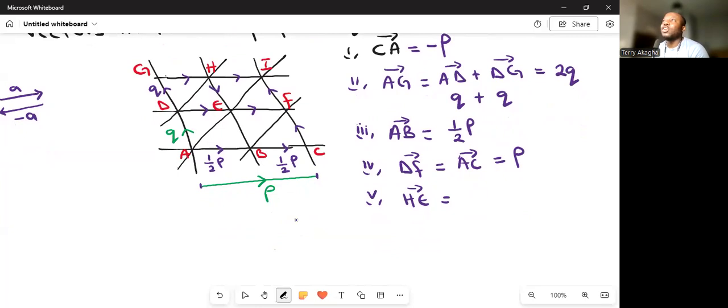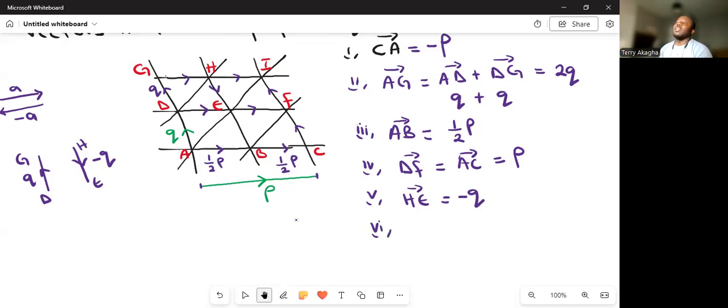But we already know that G to D, D and G, we already know that to be Q already. So that means H to E, which is the opposite direction, has to be what? Minus Q. Are you seeing it? Because if you have the same magnitude, but you're in the opposite direction, it's going to be what? Minus Q.